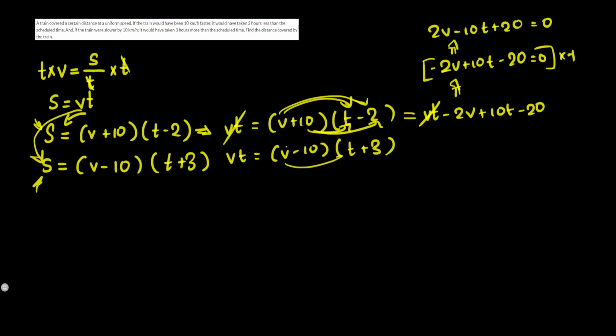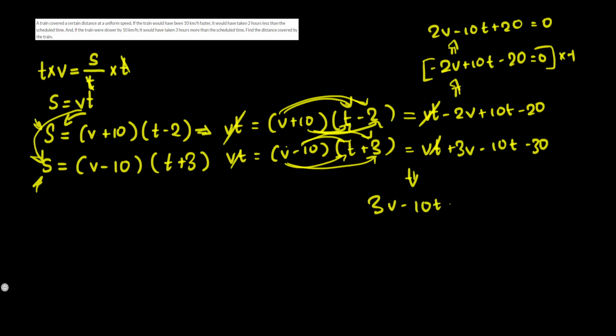Let's do the same thing here. I'm going to get vt plus 3v minus 10t minus 30, and the vt's cancel, so it turns out to be 3v minus 10t minus 30 is equal to 0. Now I can see that there's minus 10t and minus 10t, so I'm going to use the elimination method here. If I take these as equation 1 and equation 2, I can do 2 minus 1.